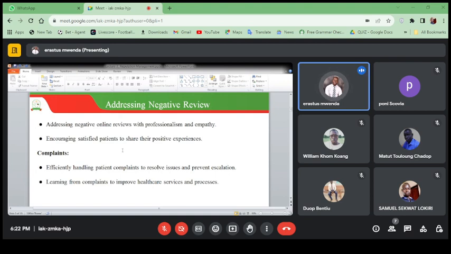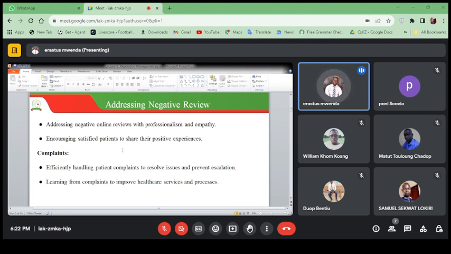Also, when we are dealing with negative online reviews, if it is a mistake on our end, we need to apologize where necessary. We need to provide solutions where necessary. It could be something that a solution can be provided by the healthcare organization. And what I've commonly seen organizations doing, especially for negative online reviews, is personalizing the response.